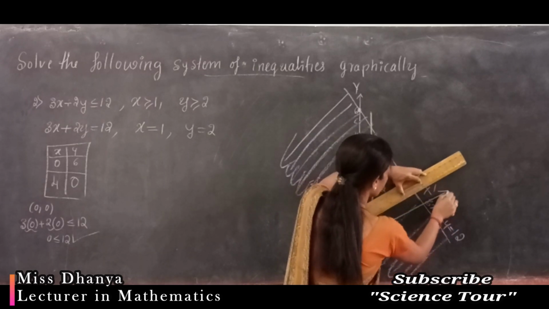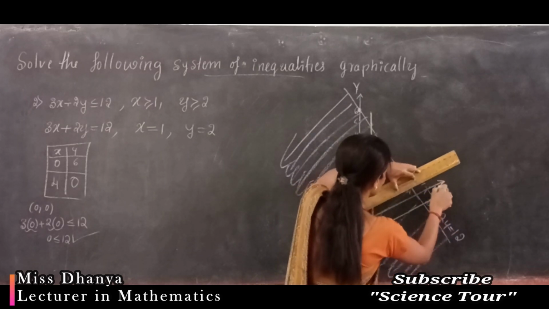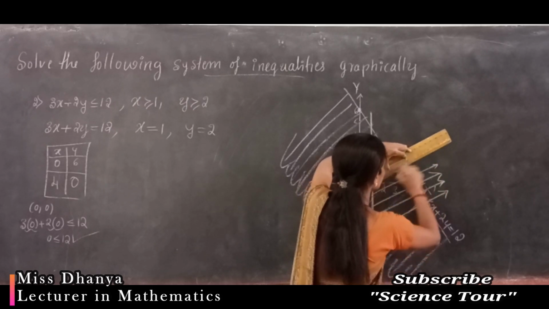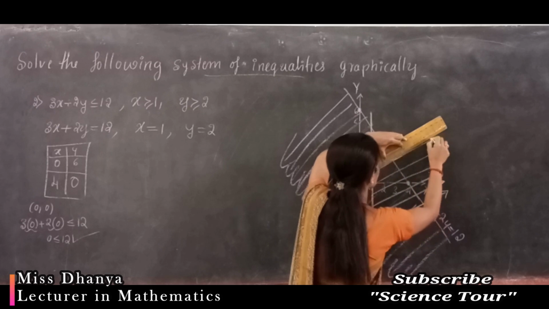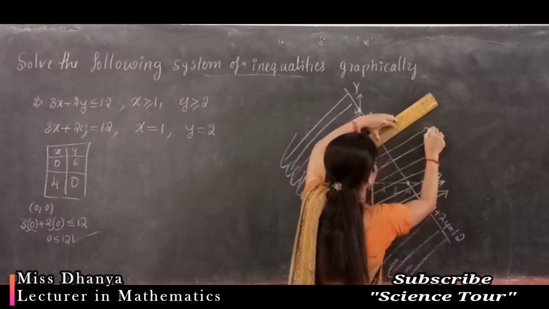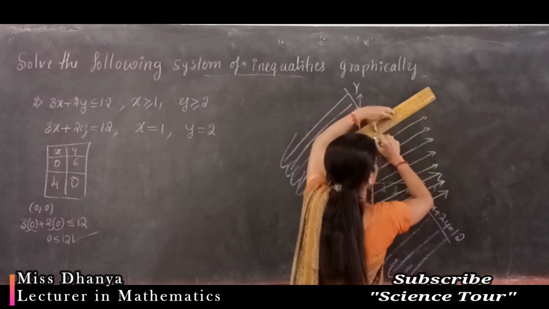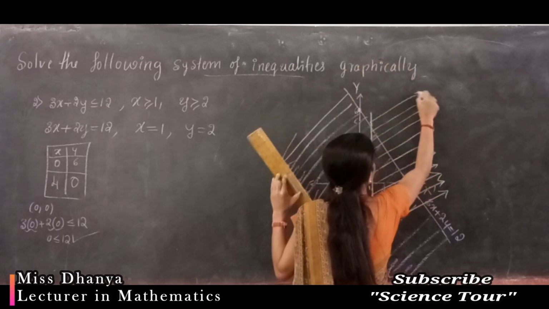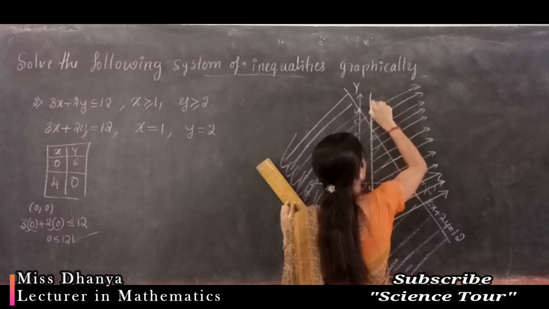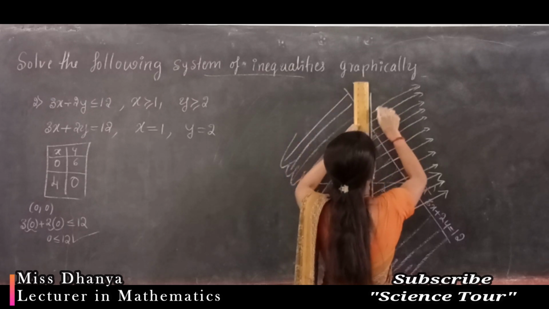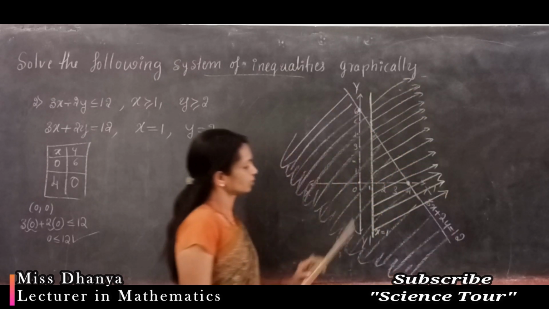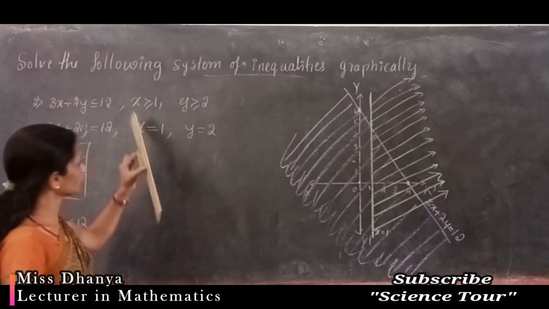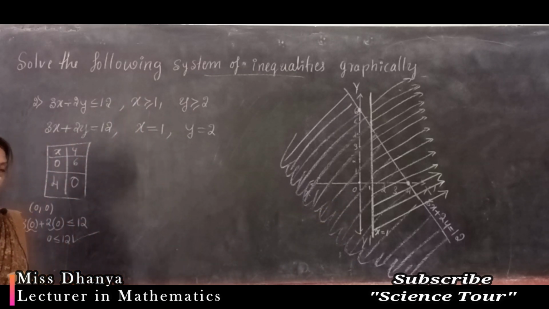So you have to shade to the right side of the vertical line x equal to 1, like this. Okay. So now that green shading represents the solution region of the inequality x greater than or equal to 1.